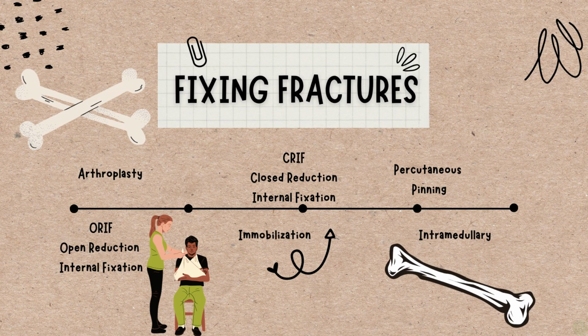We have immobilization, which is also commonly seen as it's just stabilizing their shoulder and allowing it to heal without any type of surgical procedures. There's also percutaneous pinning, and this is the use of wiring and sticking pins through the arm, and this is minimally invasive. And then lastly, we have intramedullary, and that is a process of using nails to hold the humerus back in place.